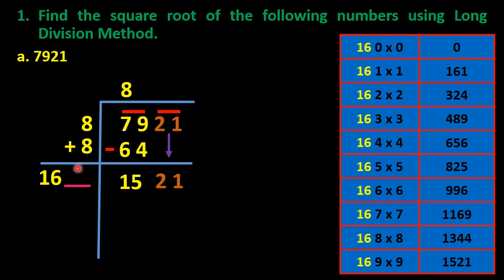At last when we replace it by 9 and here also 9, then 169 into 9 is 1521, which is equal to the 1521 already present over here. So this 9 we write here, and there is another 9 that we write on the top of the second period. 169 into 9 is 1521.